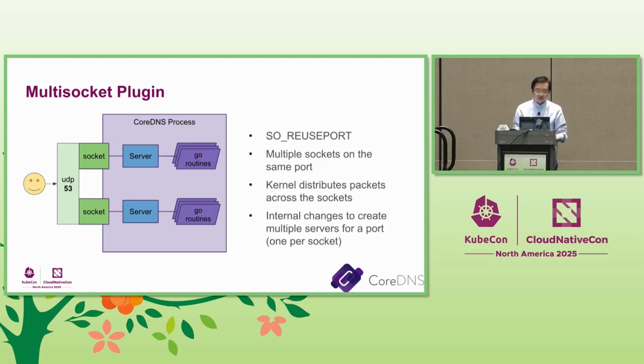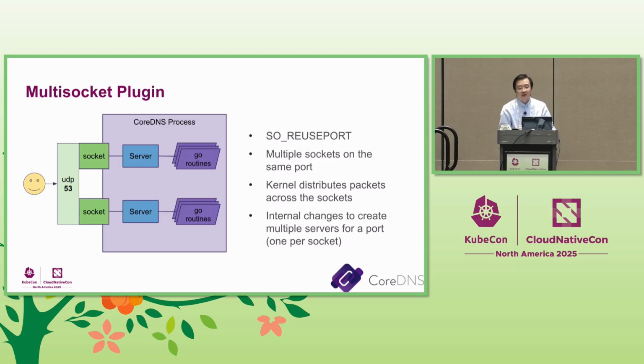But recently, one feature has been added. That's the multi-socket plugin. We can use a special flag in the kernel, SO_REUSEPORT, which actually allows you to have multiple sockets bind to the same port. So you potentially can have, let's say, two sockets listen to the same port of 53.